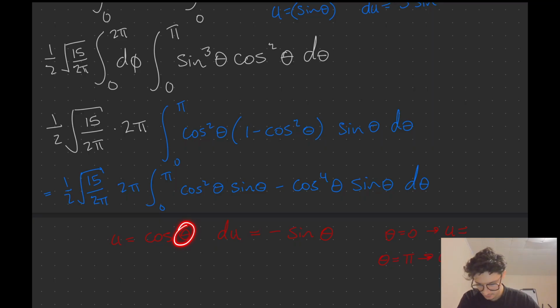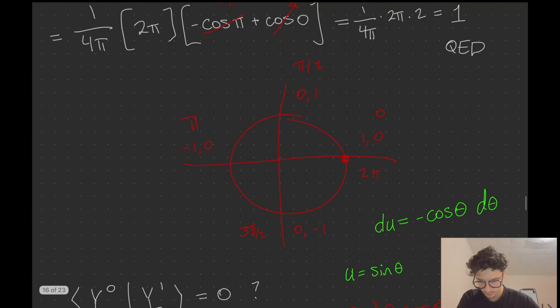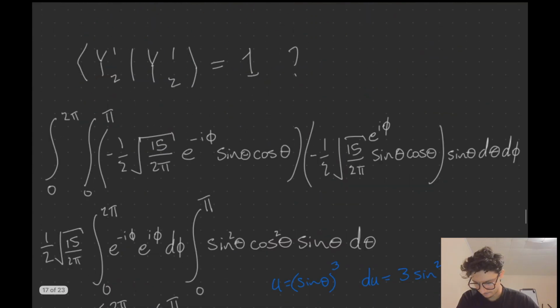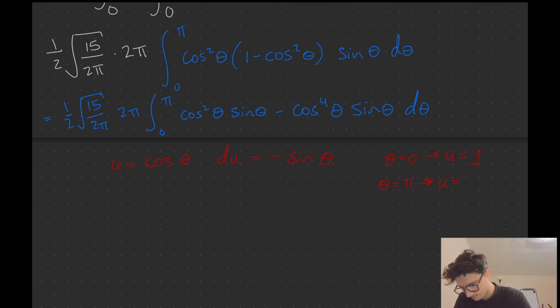So if we plug theta equals 0 into cosine, we get u is equal to 1, and then pi, let me check my little unit circle, pi is equal to minus 1. Minus 1 here, so this equals 1 over 2 square root 15 over 2 pi, 2 pi. Here what we have is this, and the top u is minus 1 now, the bottom u is 1. I don't like these bounds, but that is okay.